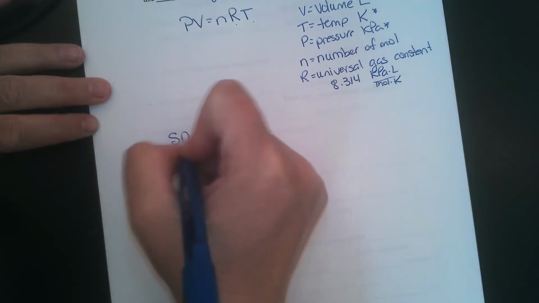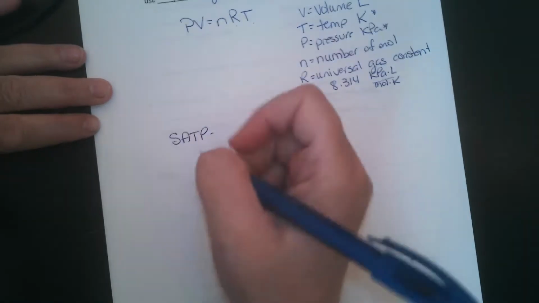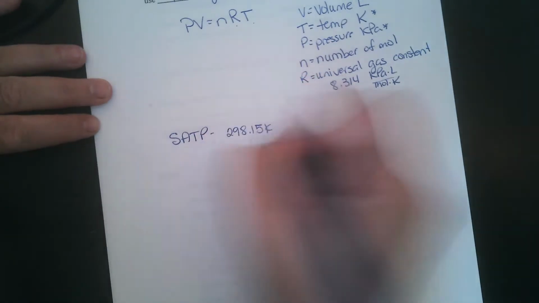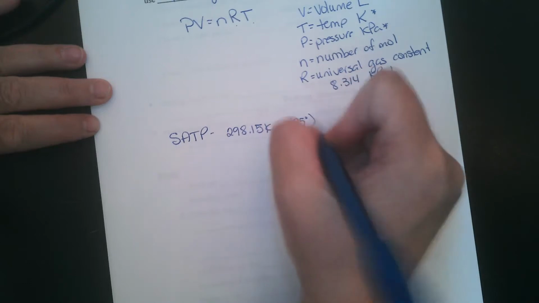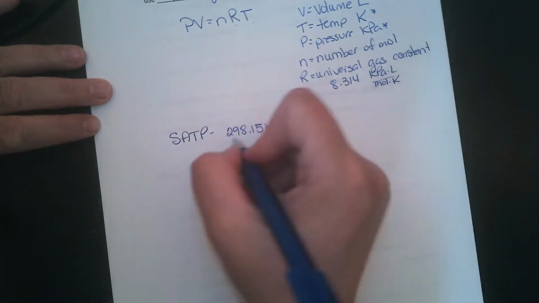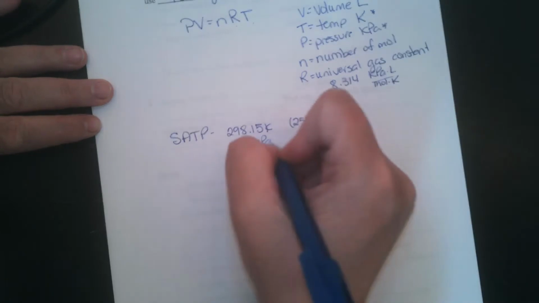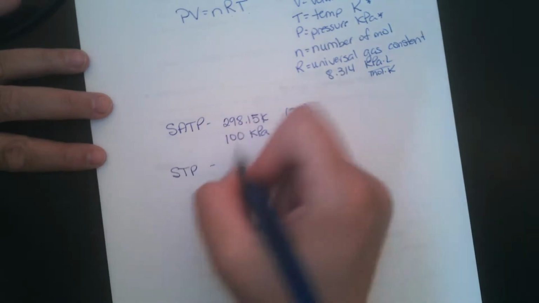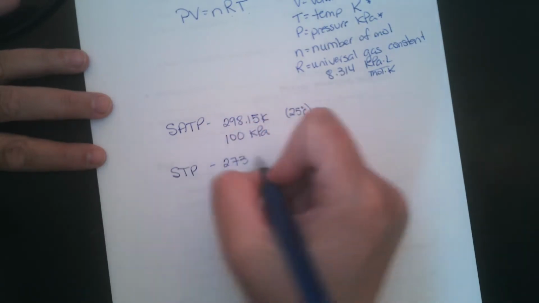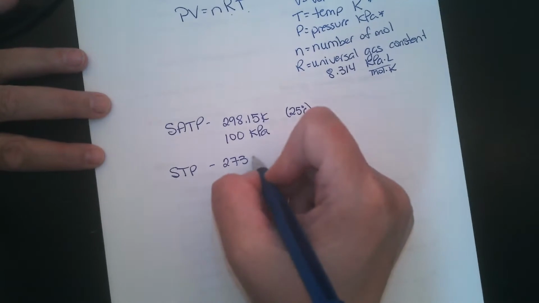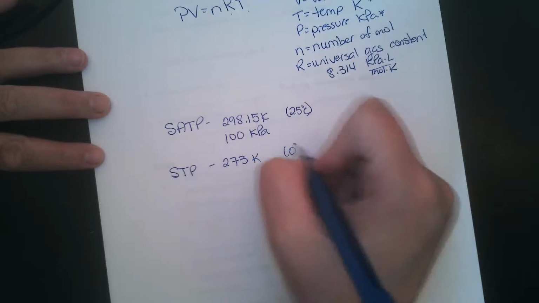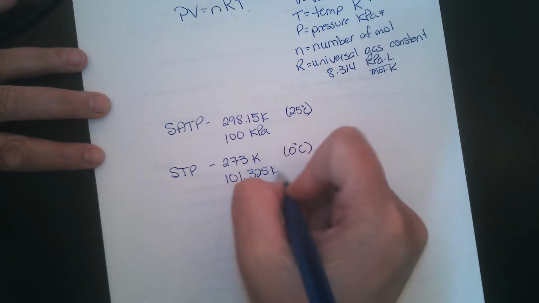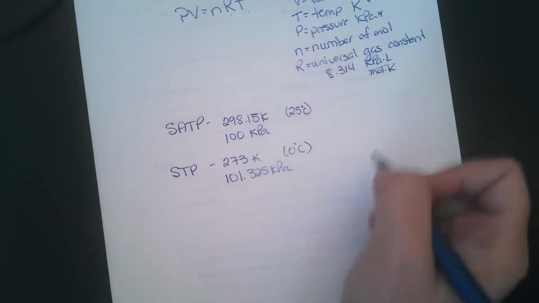Okay. Other key pieces that we need to remember. We need to remember SATP, standard ambient temperature and pressure, is 298.15 Kelvin or 25 degrees Celsius and 100 kPa. And if we wanted to remember what STP was, it is 0 degrees Celsius and 101.325 kPa.